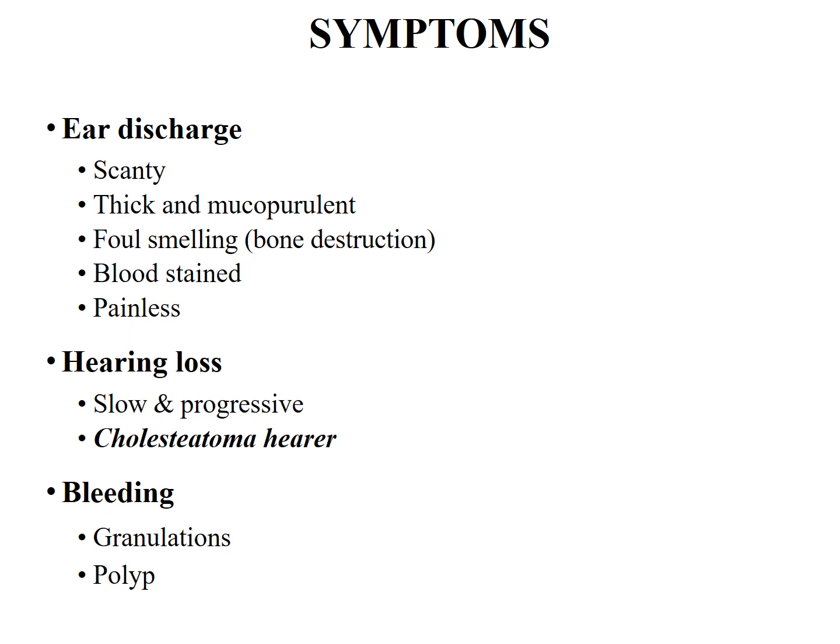Okay, so these are cholesteatoma hearers. In such cases, once the cholesteatoma is removed, the patient's hearing becomes worse. So you have to counsel the patient before the surgery that the hearing may get worse after surgery if the mass is there in the middle ear.